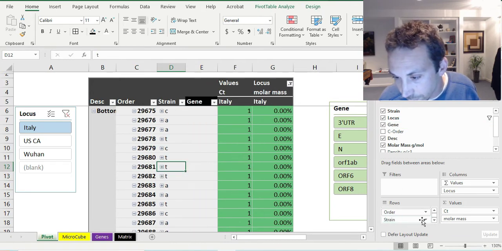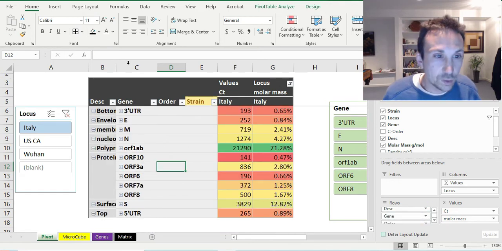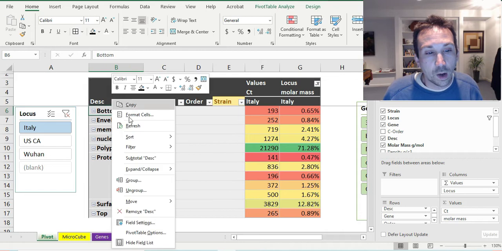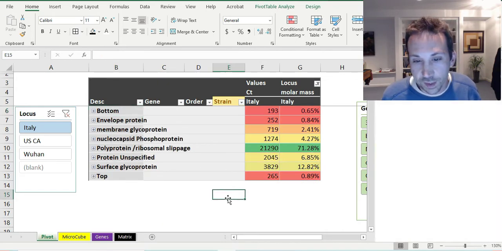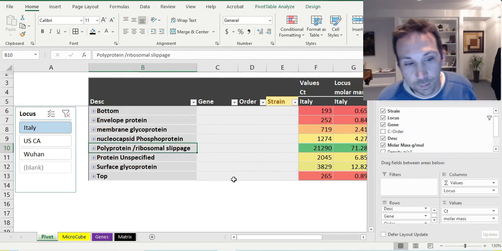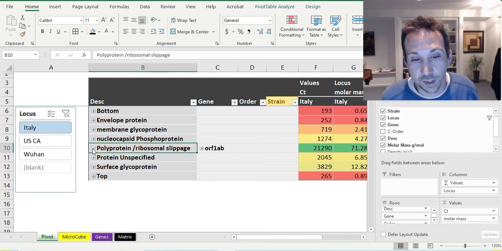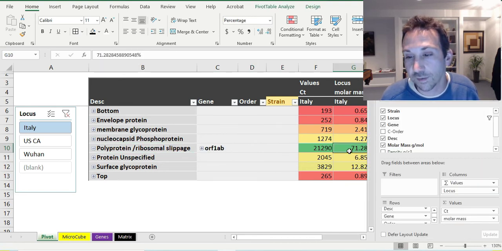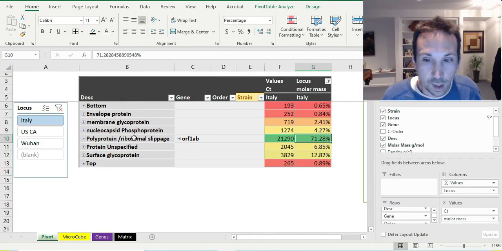What that'll do is show you how we're starting to group this thing and talk about what is in the genome and why we care. So boom, for example, looks like the polyprotein ribosomal slippage thing, which happens to be that ORF1AB, is the 71% of this virus that we're looking at.